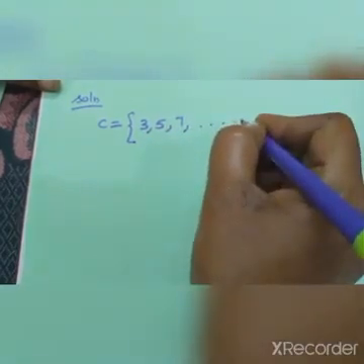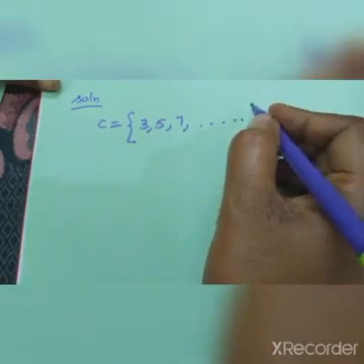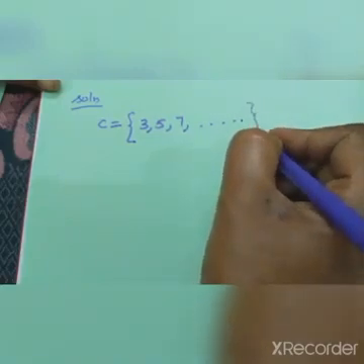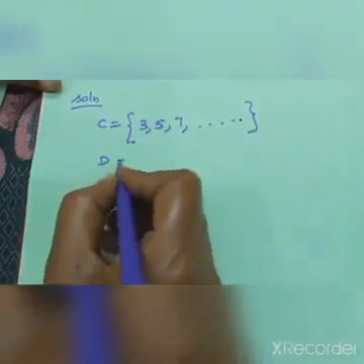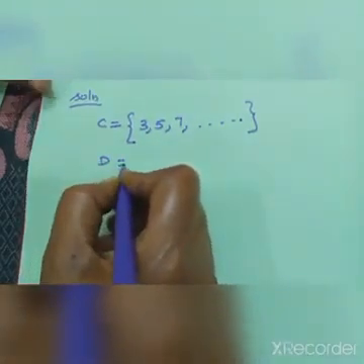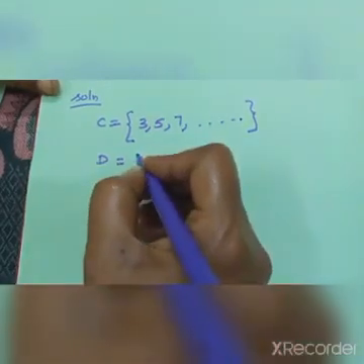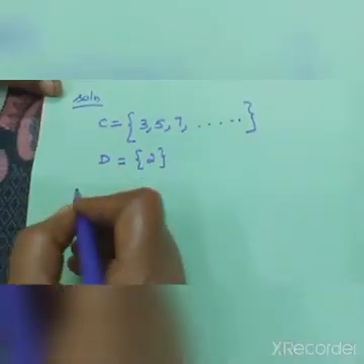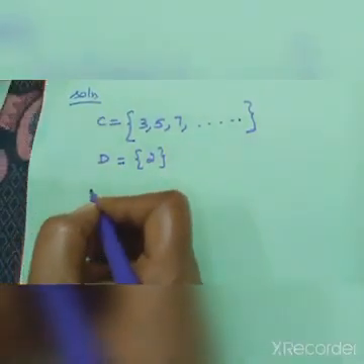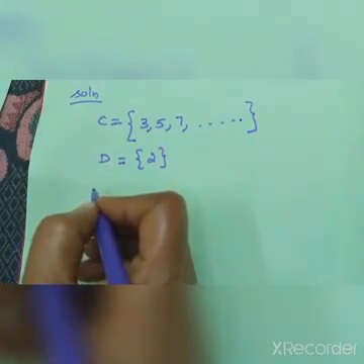It was mentioned x greater than 2, so all the prime numbers above 2 can be written. Okay, so we have to use the etc. symbol. Next, D is equal to even prime number. So what are the even prime numbers? There is only one even prime number, that is 2. 2 alone.